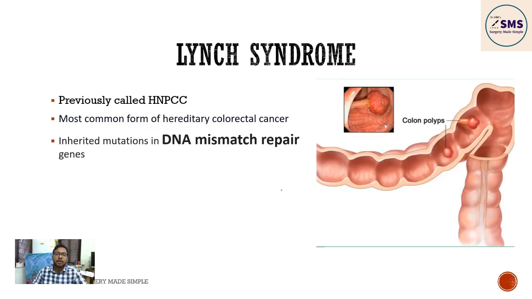Right. Next one, very important. It is called Lynch syndrome. It was previously called HNPCC, hereditary non-polyposis colorectal cancer. Mainly it is one of the most common forms of hereditary colorectal cancer. So why is it happening? It is because of an inherited mutation in DNA mismatch repair genes.